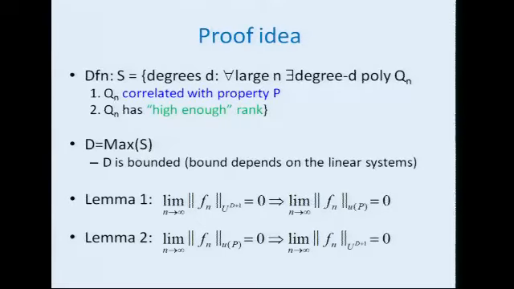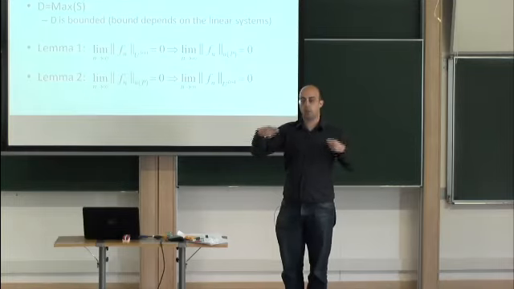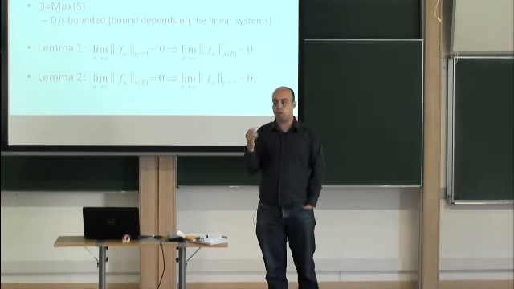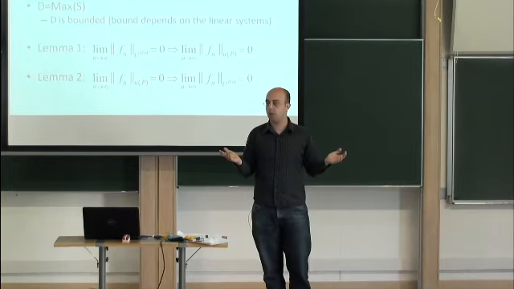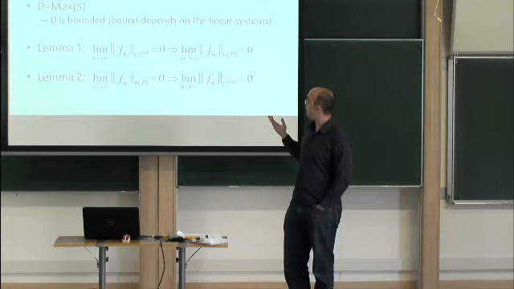One thing which is relatively easy to see is that this set cannot be infinite. You can't have polynomials of arbitrarily large degree that still have correlation with your property. The reason is that these local averages, at some point, will not be able to distinguish polynomials of very high degree from the zero function. They will all have average about zero if these polynomials are high rank. So it's relatively easy to say that there is some bound here.